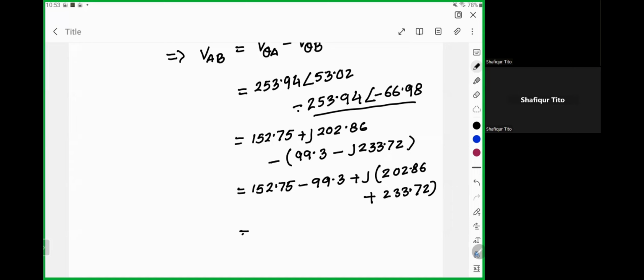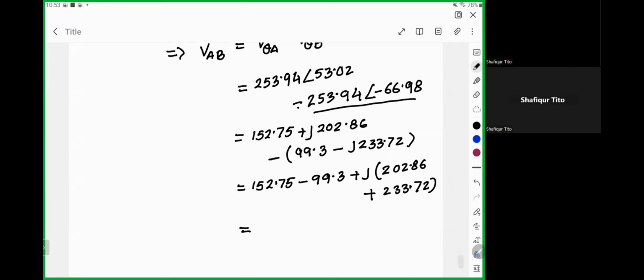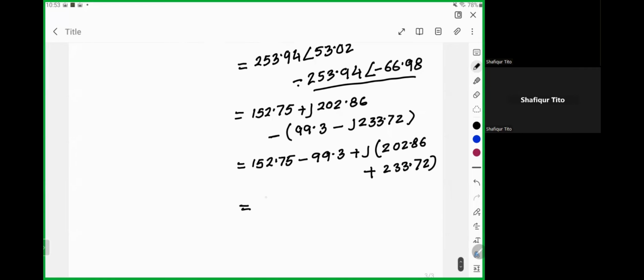So if you add them, what is the value? 152.75 minus 99.3 is 53.45 plus j 436.58, right?